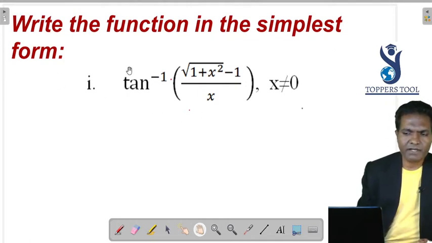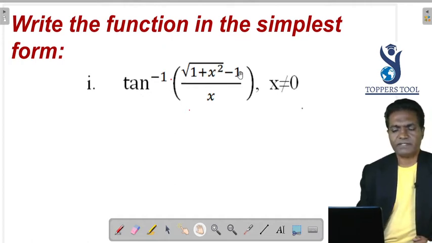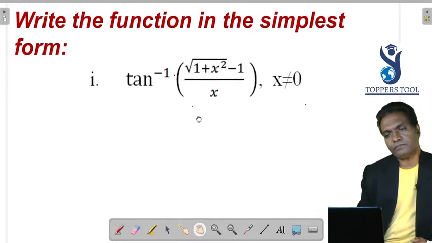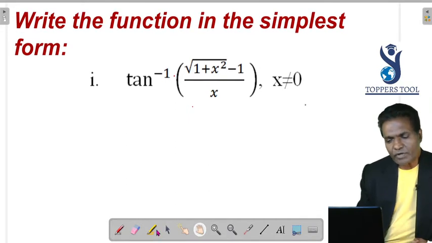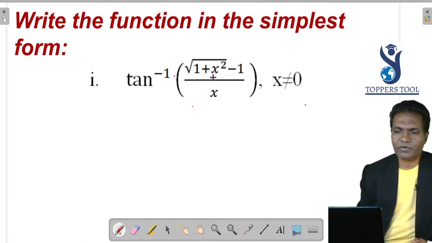You are given one inverse trigonometric function, that is tan inverse of square root of 1 plus x square minus 1, by x. And you are asked to express it in its simplest form. So what we have to do is take a suitable substitution and convert it into simplest form.